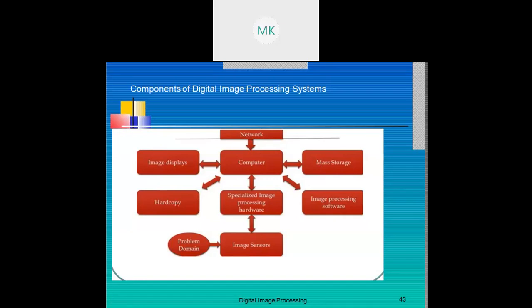The first component is sensing, that is, by using image sensors we sense the image. With reference to sensing, two elements are required in order to acquire the digital image.